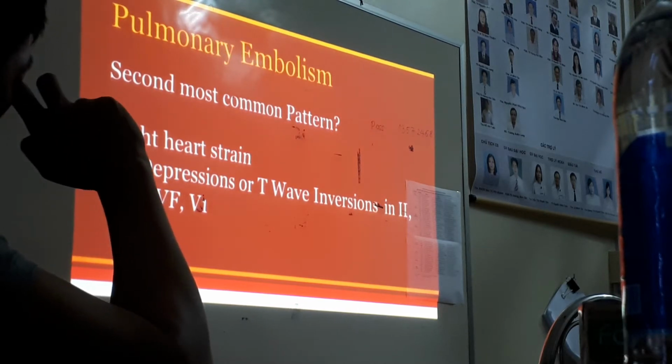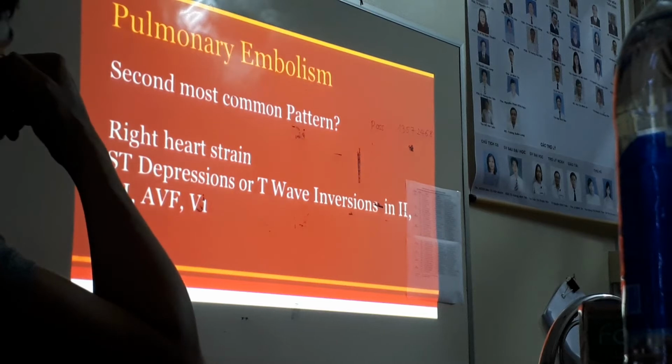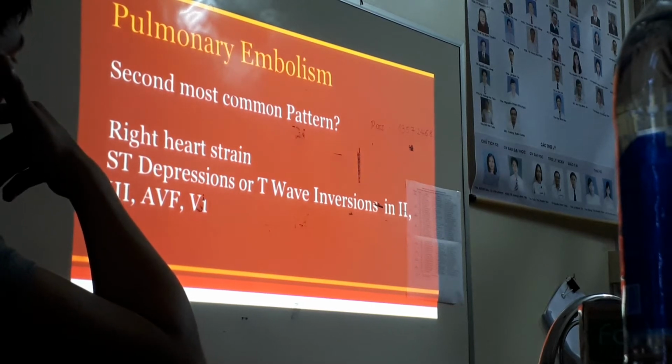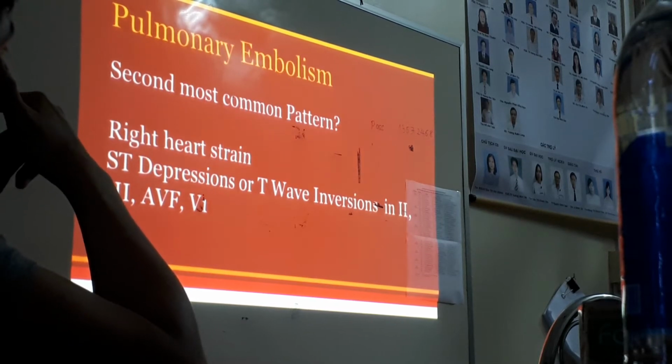Inferior leads are right heart. aVR and V1 are also right heart. That's how you remember to look for right heart.